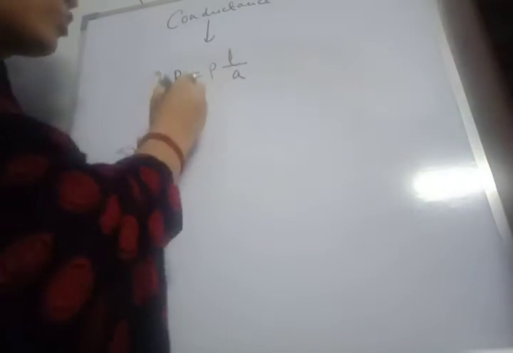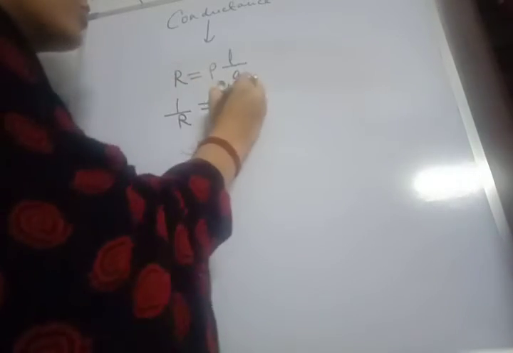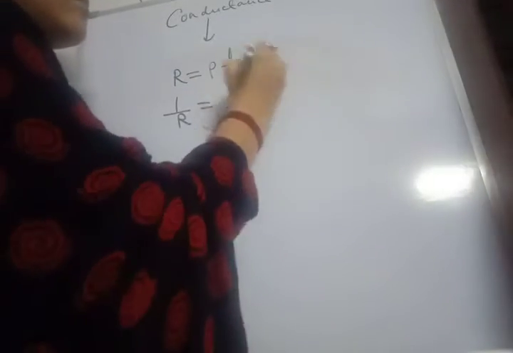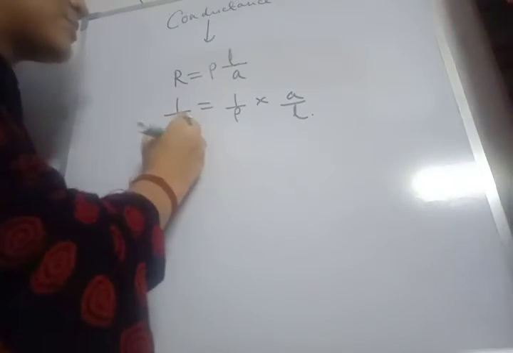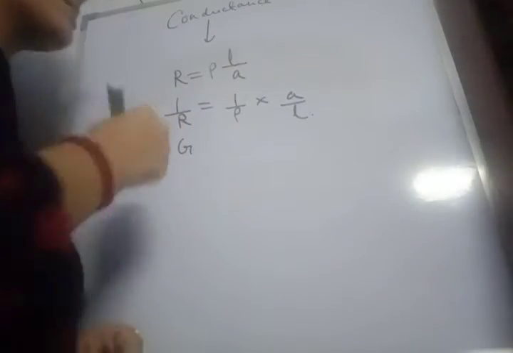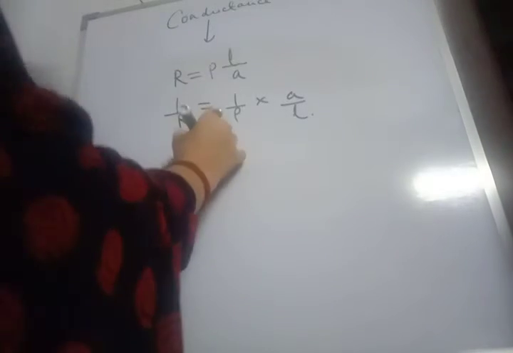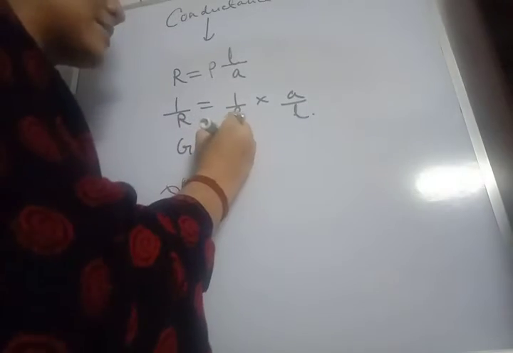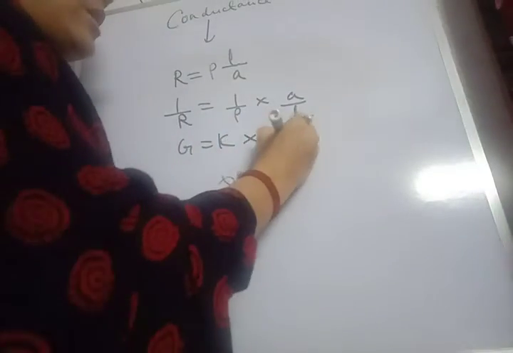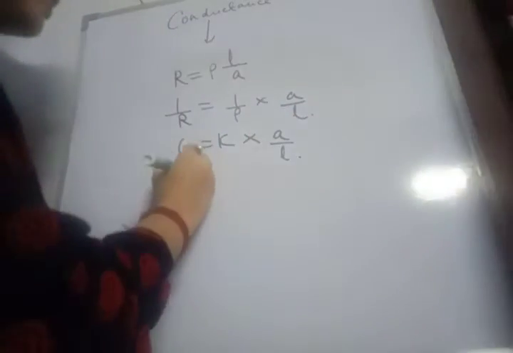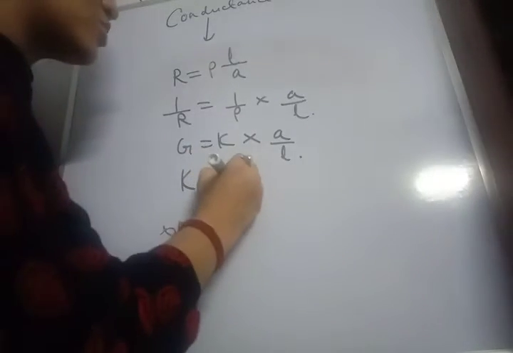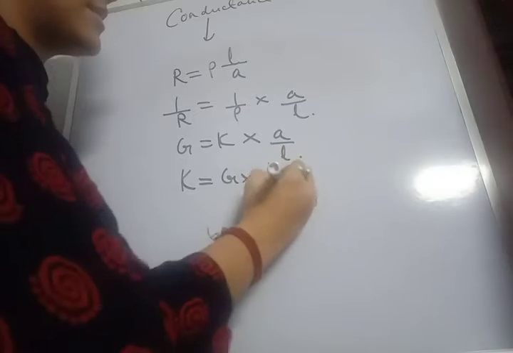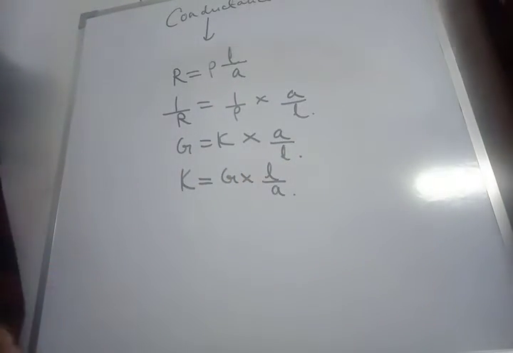If we take the reciprocals, it is 1 by R equals 1 by rho into A by L. This reciprocal of resistance becomes conductance, denoted as G. Reciprocal of resistivity is conductivity, denoted as kappa. So we can write conductivity or specific conductance, kappa, equals G into cell constant, that is conductance into the cell constant. Right?